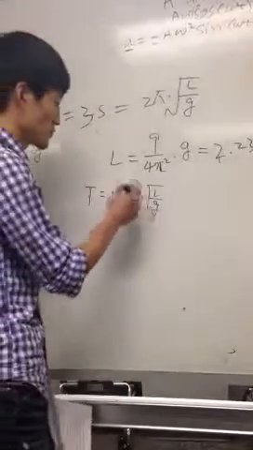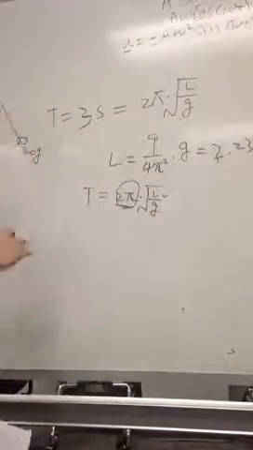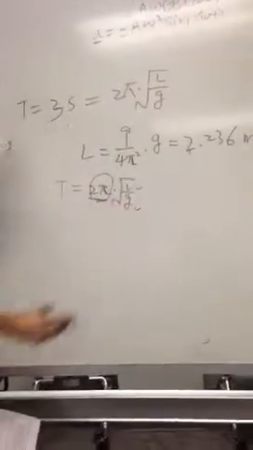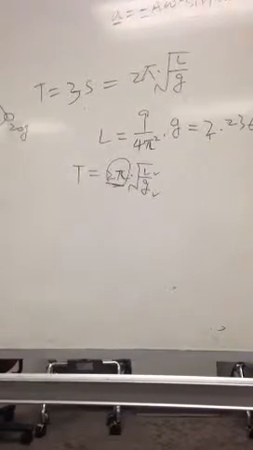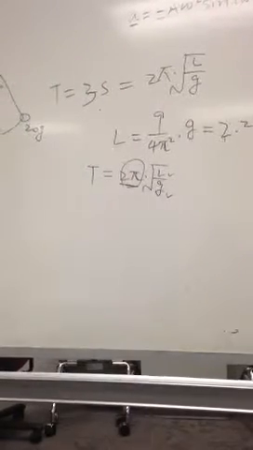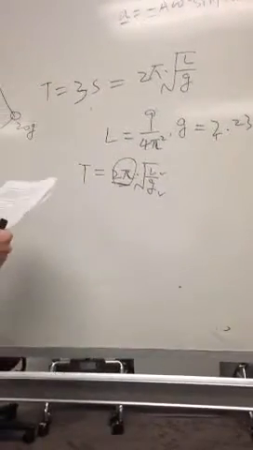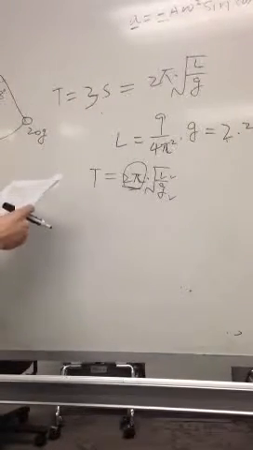So the only thing it depends on is the length and the gravity, right? If you use the same system on the moon, it will be different from here on the Earth. So the following 4 questions are similar questions.